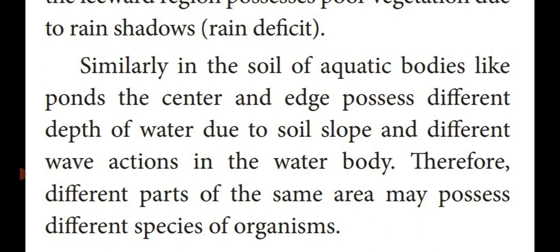Therefore, different parts of the same area may possess different species of organisms. So that means in a particular area, there are different parts, and each part consists of different species of organisms. So what is the main theme?